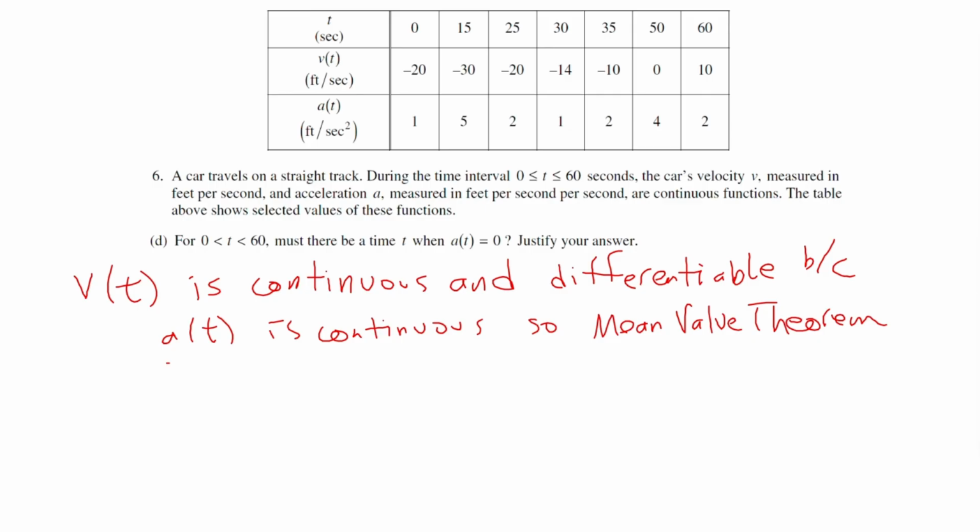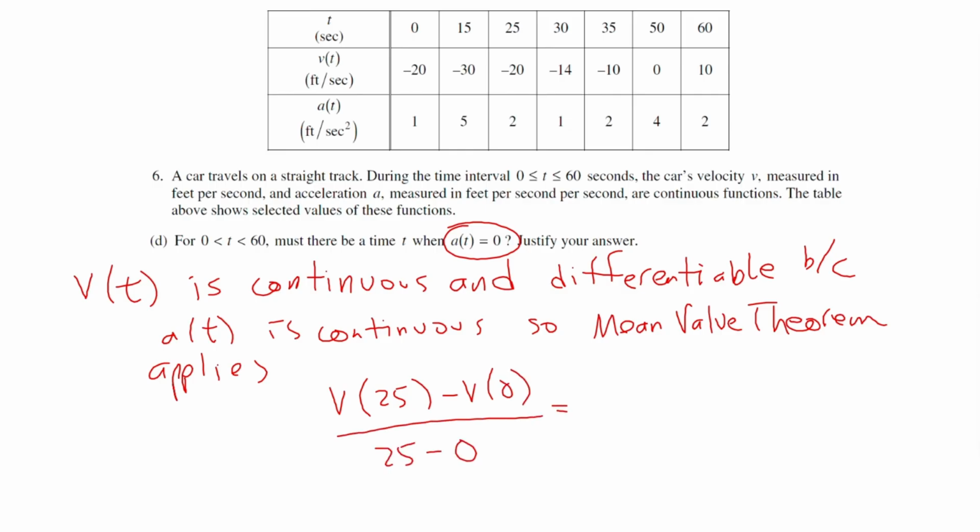And so the mean value theorem says that the average rate of change can equal the instantaneous rate of change. And so if I can find a place where the velocities are the same, then the acceleration must have been 0 somewhere. So what I can say is v of 25 minus v of 0 over 25 minus 0, well, that's equal to negative 20 minus negative 20 over 25, which is 0.